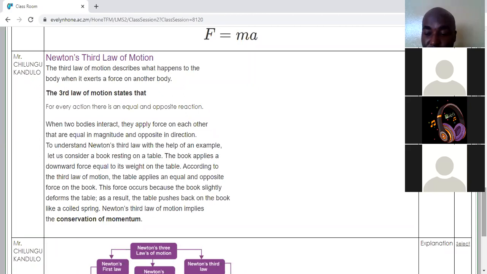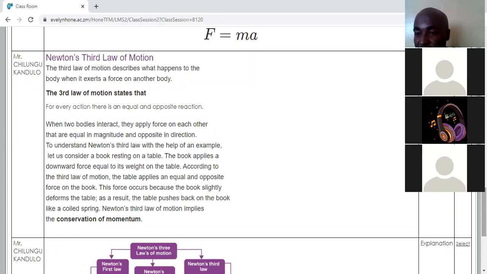To interact for us now means that the bodies are in contact. So when the bodies are in contact with each other, they will apply forces on each other.